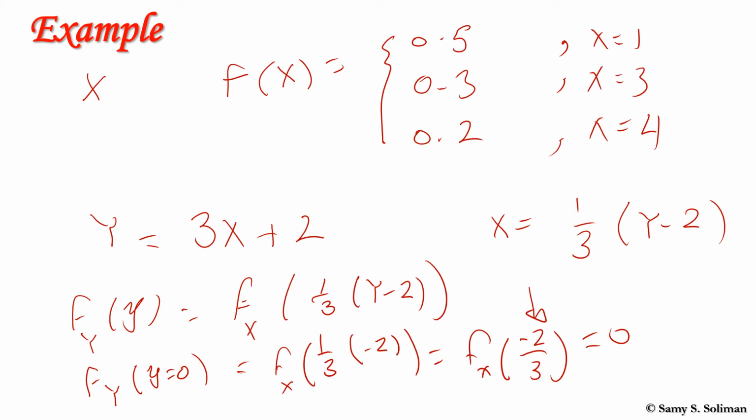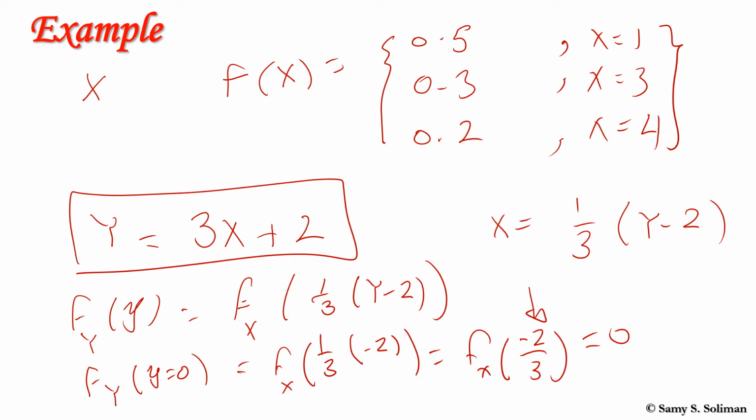However, it makes sense that we can expect that for these values of x, there are 3 corresponding values of y according to this relation. So at x equal to 1, this corresponds to y equals 3 plus 2 equals 5. And at x equals 3, the corresponding value is y equals 3 times 3 plus 2, that's 11.